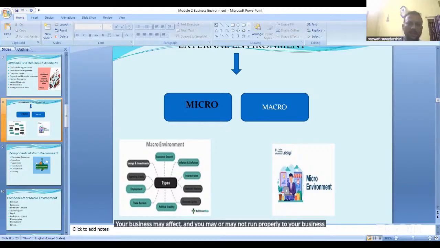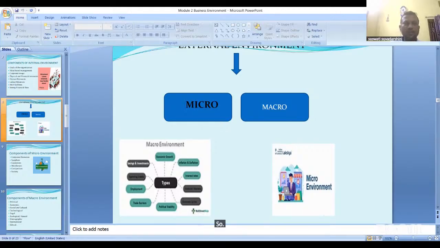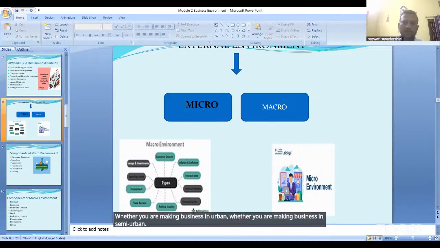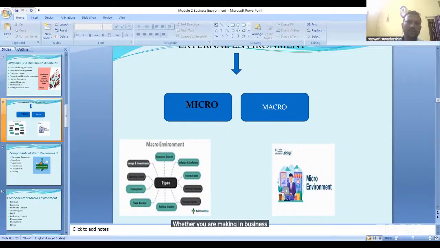Economic is another aspect: the changing condition of per capita income, paying capacity, and capability. Consider different aspects, whether you are doing business in urban or semi-urban areas, in a tier 1, tier 2 or tier 3 city.